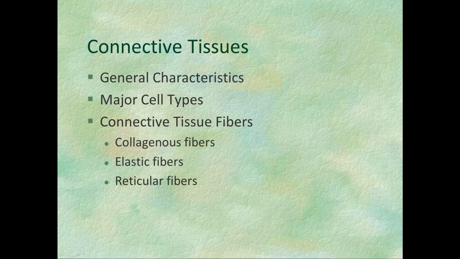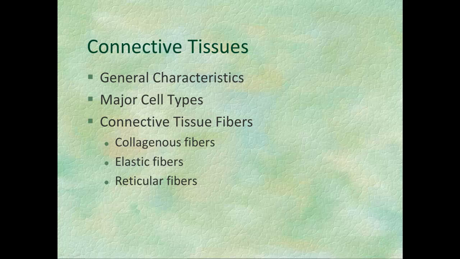You see collagenous fibers in bones, you see them in ligaments, in tendons, to a lesser extent underneath the skin, so they're found all over the place. Tissues that have a high concentration of collagenous fibers are often referred to as dense tissues or dense connective tissues. And we'll look at a couple different types of dense connective tissues: dense regular and dense irregular connective tissues.